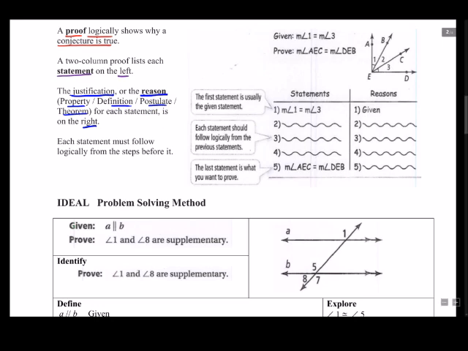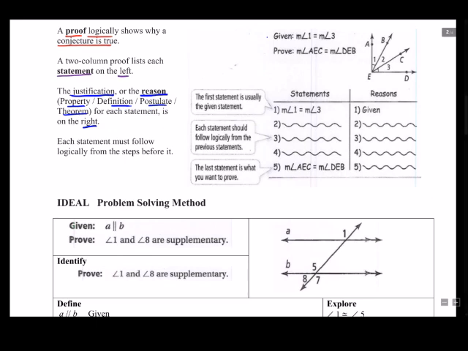So this is what it's going to look like here. You have a given and a prove. We are given information. It can either be written or marked on our diagram. Markings on a diagram are considered given. They are facts that we have available to us. And we want to prove something specific.